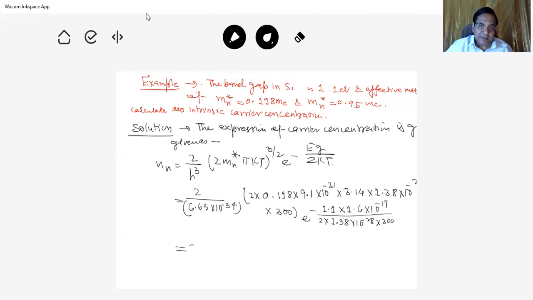So by solving, this is 3.7 into 10 to the power 15 per meter cube.